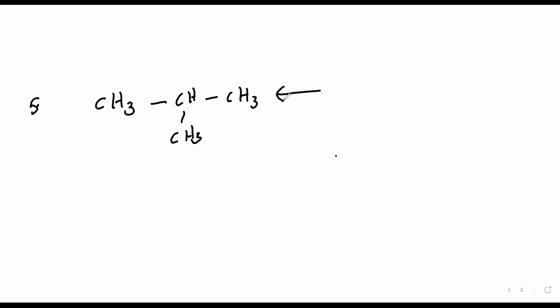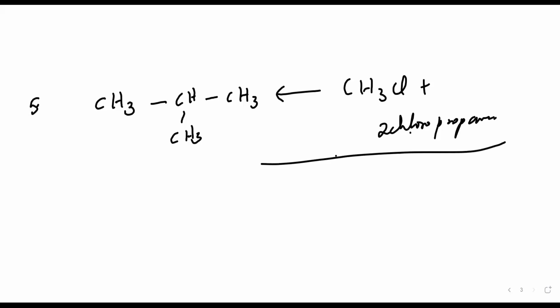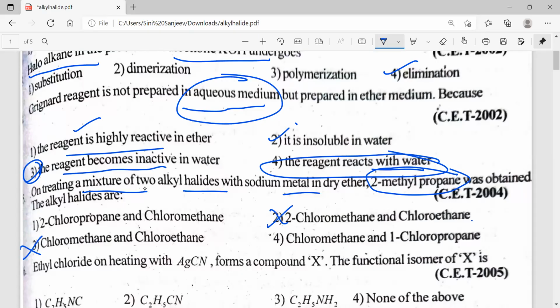I have to add 2-chloropropane and chloromethane, CH3Cl, plus 2-chloropropane, to get this compound. So I have to mark the fifth one as option 1 directly: 2-chloropropane and chloromethane. Option 1 is the correct answer for this.